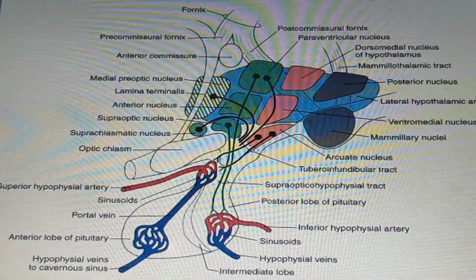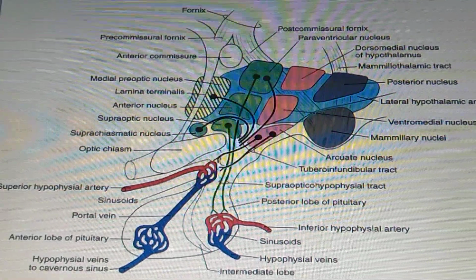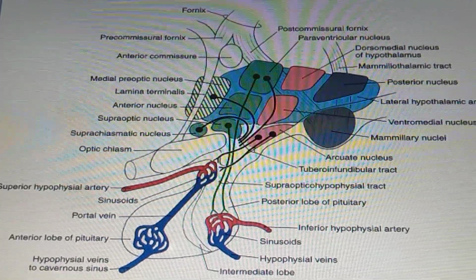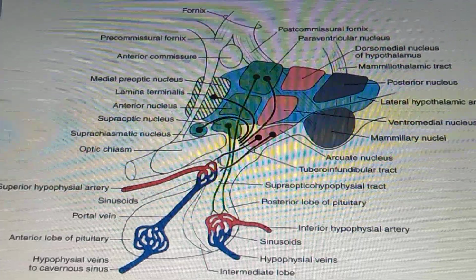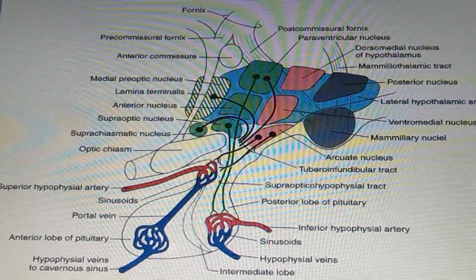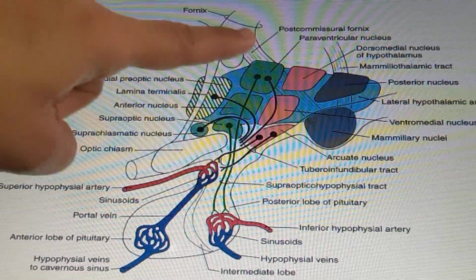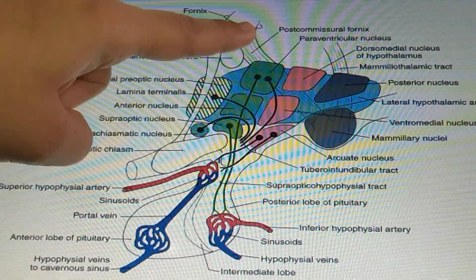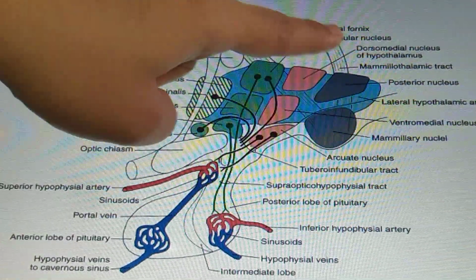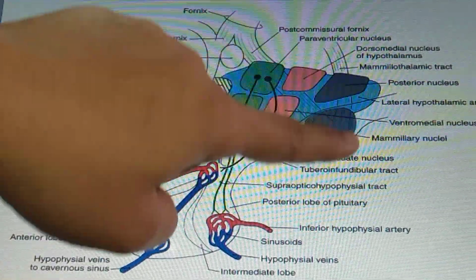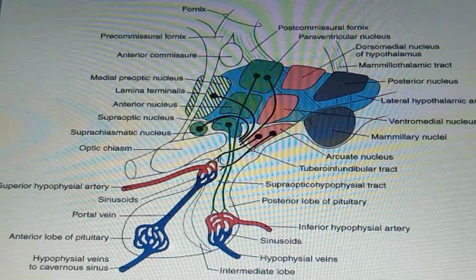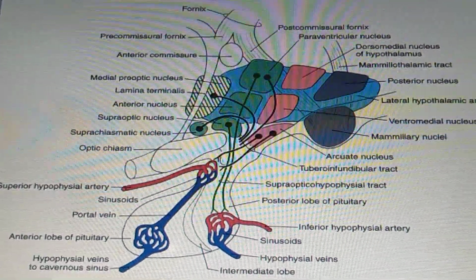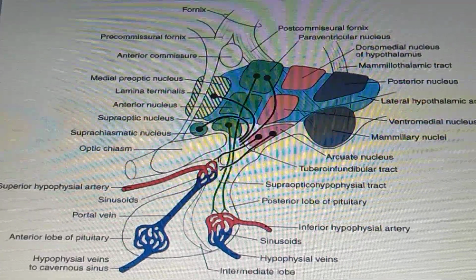The nuclei 3, 4 and 6, that is the ventromedial, dorsomedial and posterior nuclei, are separated from the nuclei 5 and 7, meaning the tuberal and lateral nucleus, by the column of the fornix. Here you can see the posterior commissural fibers of the fornix are shown. This is separating. Second is the mammillothalamic tract. You can see that is passing by here. And the third, that is not shown in the diagram, is the fasciculus retroflexus. Now these three tracts separate these nuclei.